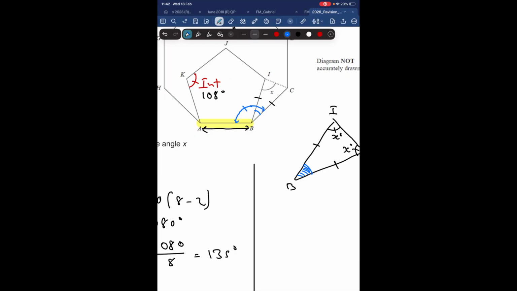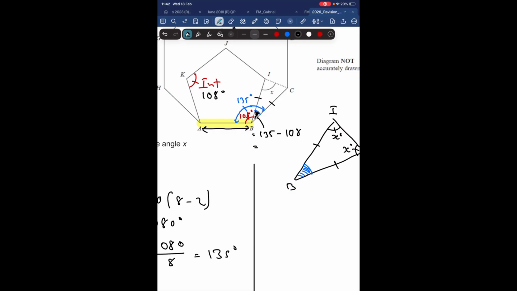So we know that this is going to be 135 degrees. We also know that from here to here is the interior angle of the pentagon, which is 108 degrees. So to get this little angle here, we just need to do a subtract. That little angle is just going to be 135 minus 108.